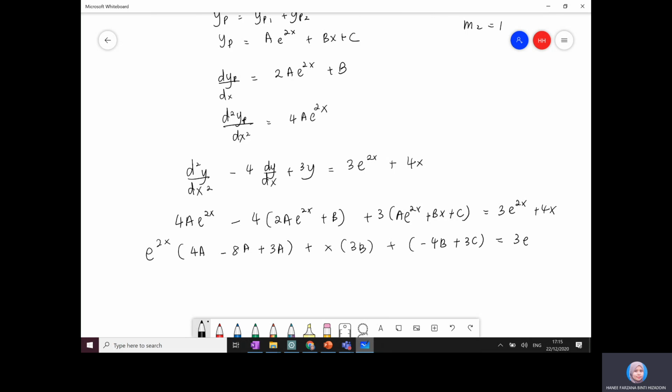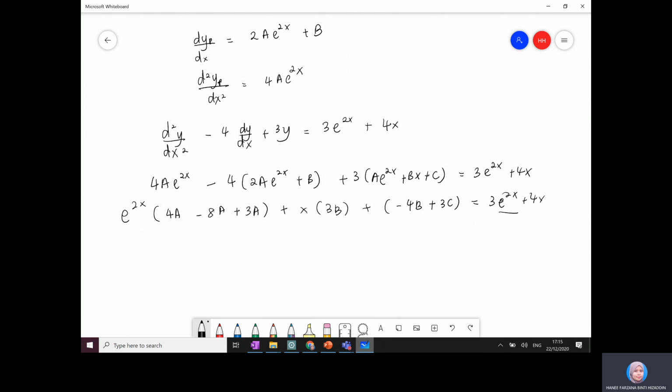Then this whole thing equals 3e to the 2x plus 4x. And then we compare the coefficients. So for e to the 2x, 4a minus 8a plus 3a is negative a. So negative a equals 3, thus a is negative 3. And compare the coefficient for x: 3b equals 4, thus b is 4 over 3.